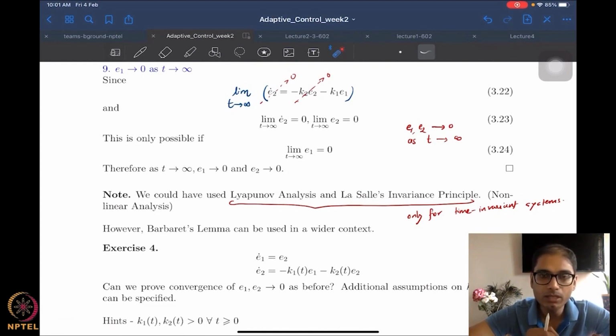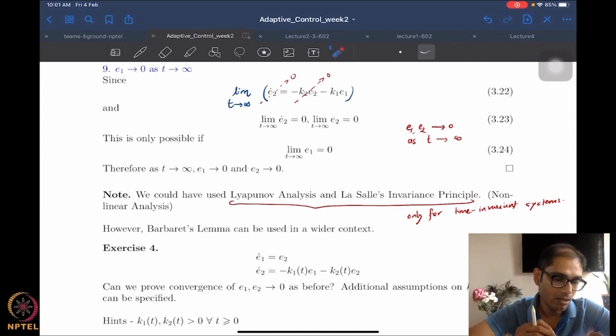We only completed the proof of convergence of these signals to the origin. So we are saying something about the steady state behavior only. We are not saying anything about the transient behavior. Remember this, convergence only has been proven.